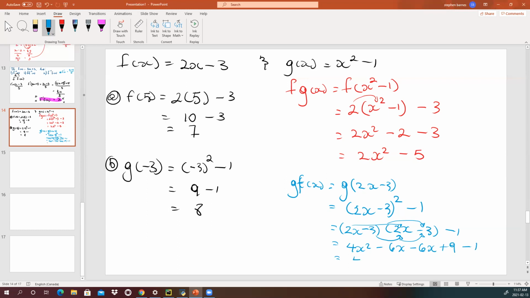So that's equal to 4x squared minus 12x plus 8. All right, just going to erase to get some space.